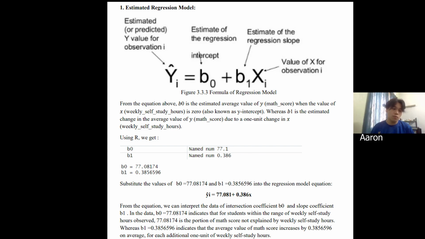B0 equals 77.08174, which indicates that for students within the range of weekly self-study hours observed, 77.08174 is the portion of math score not explained by weekly self-study hours, whereas B1 equals 0.38565696 indicates that the average value of math score increases by 0.38565696 on average for each additional 1 unit of weekly self-study hours.